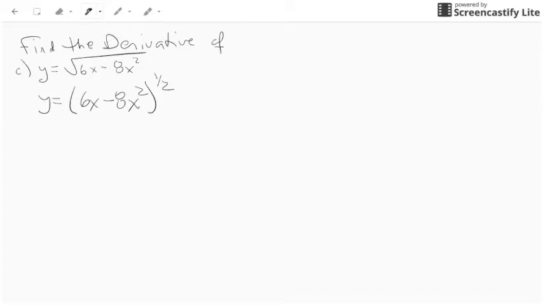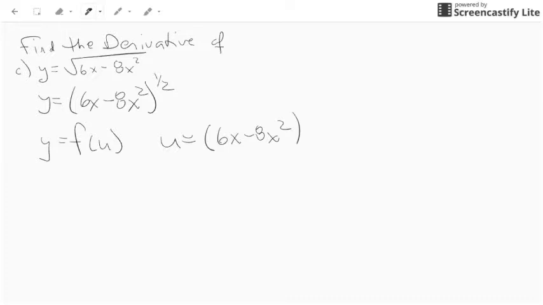So now, in this case right here, we are going to recognize, again, that y is a function of u, and the u being inside the function that's being composed there is going to be 6x minus 8x squared. The pen is being a little slow here to register.